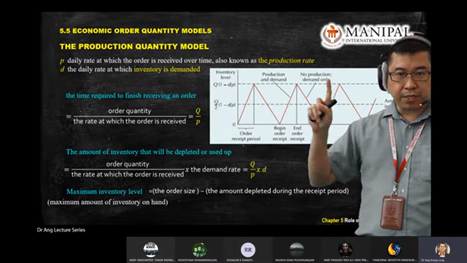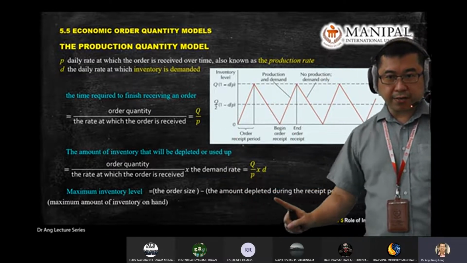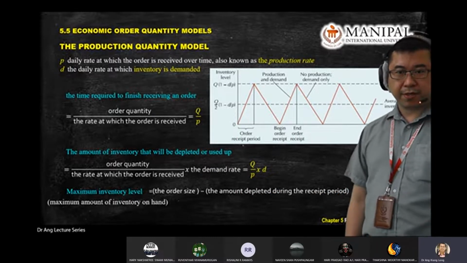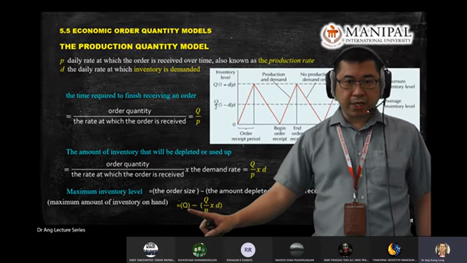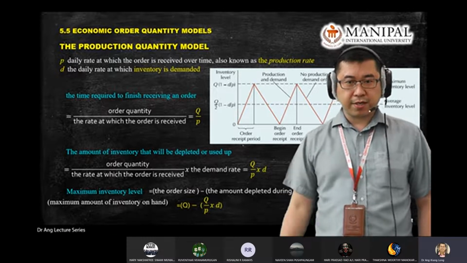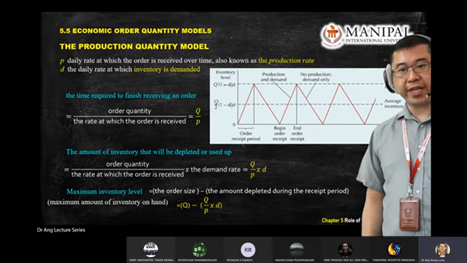How do you reach this maximum? You take your order size minus the amount that is spent during the receipt period. So Q is what you order, all right? What you order minus the amount depleted during your waiting period.